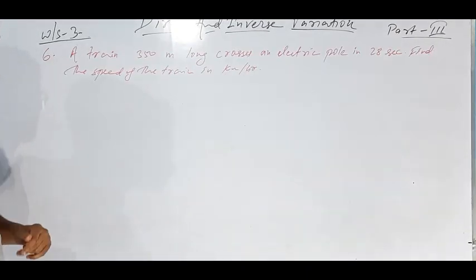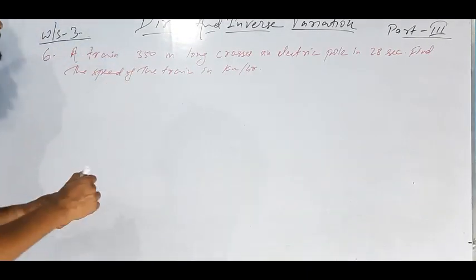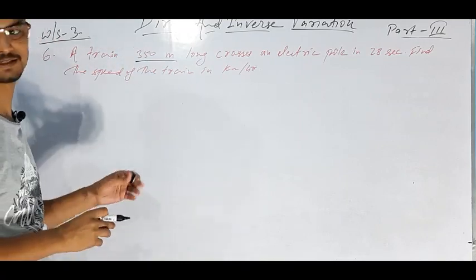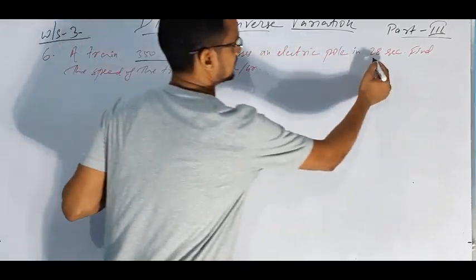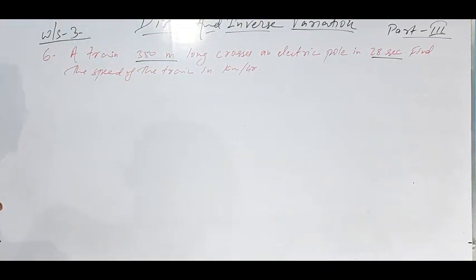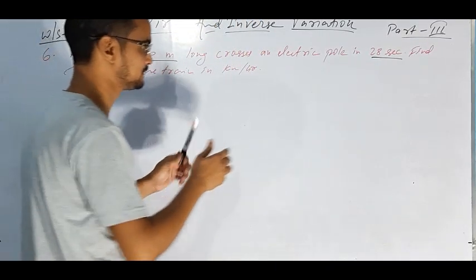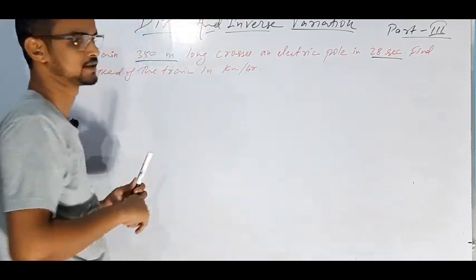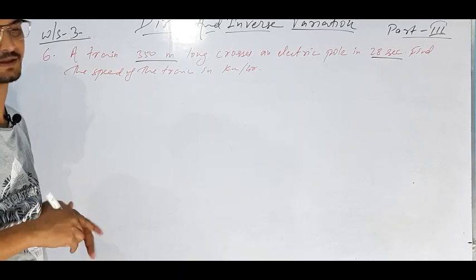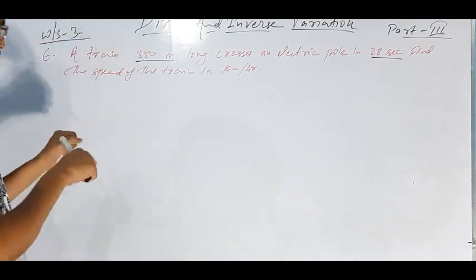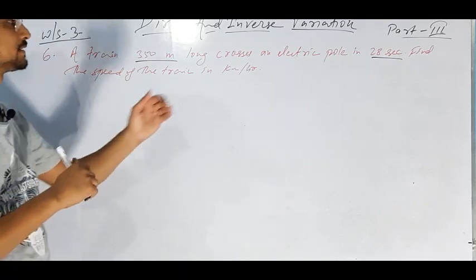In next question, a train 350 meter long crosses an electric pole in 28 seconds. Find the speed of the train in kilometer per hour. Firstly, we have just learned how to find the distance travelled and time taken in the case of an electric pole or a man. But here we have to find the speed of the train, that is kilometer per hour.